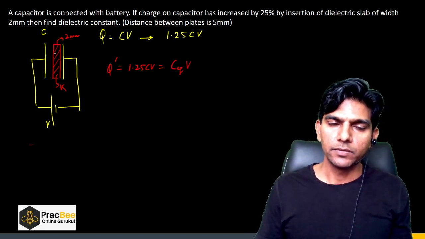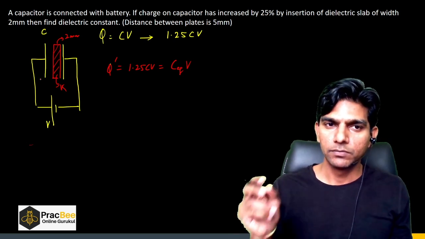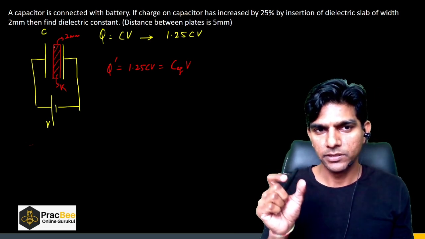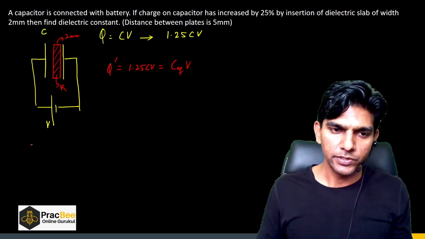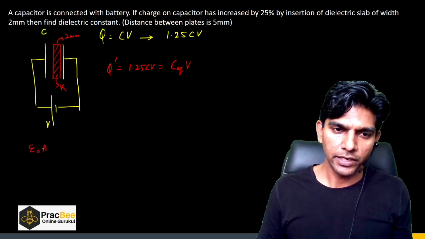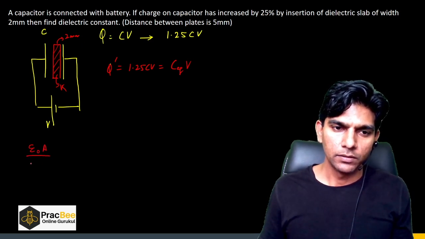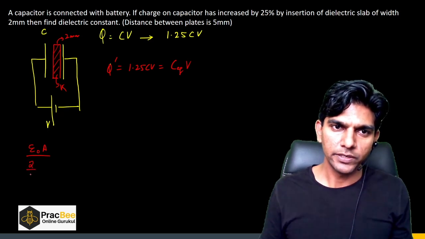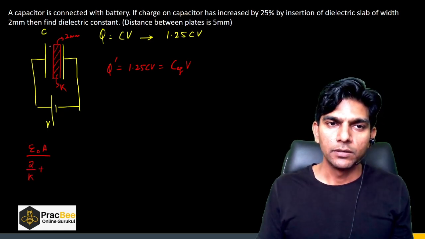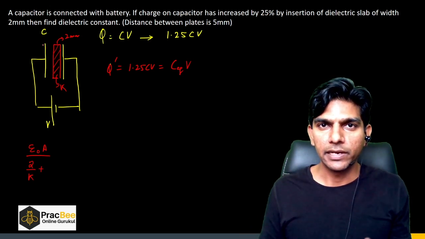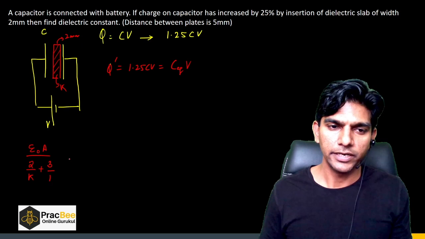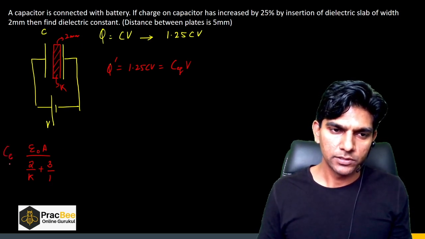When we have a capacitor with a slab whose width is not the distance between the two plates, in that case we can use this formula: epsilon naught A divided by, in this case, the thickness of the slab is 2, so 2 divided by the dielectric constant, plus the width in which we do not have any dielectric, that is the vacuum, so it will be 3 divided by 1, right? So that is the new capacitance.